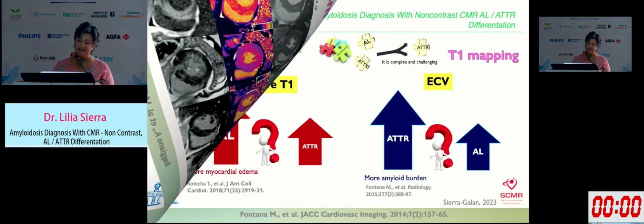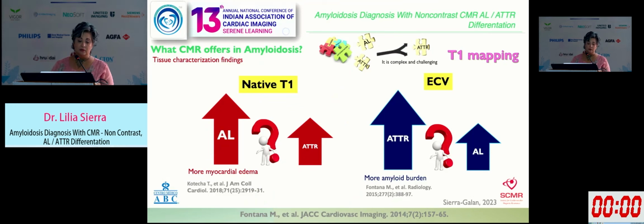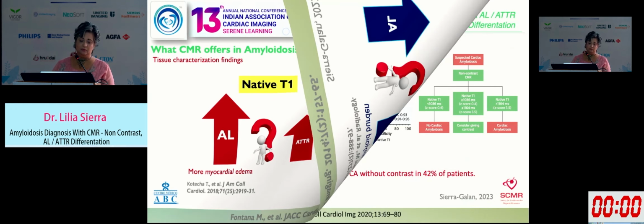So it's very hard. If we have the native T1 and the extracellular volume, AL used to have higher T2 and T1, and ATTR used to have a higher extracellular volume, but that's not always true, and we will see why I am saying that.